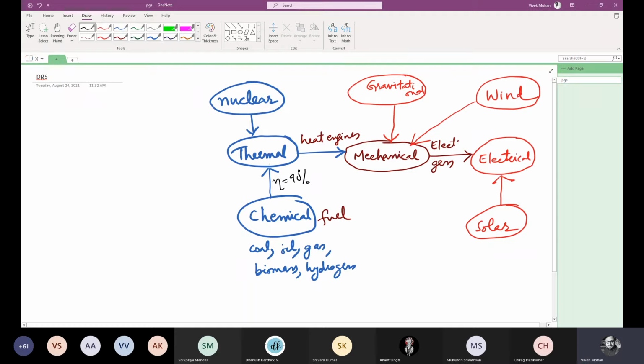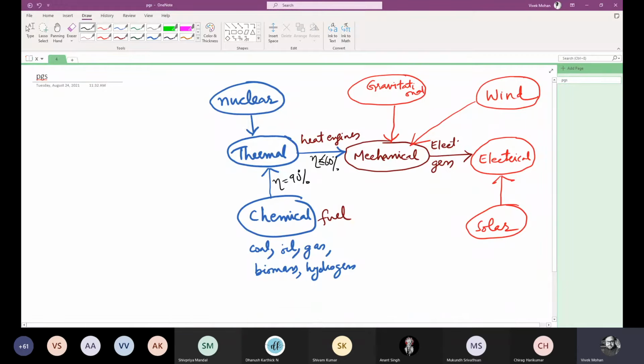This heating part, the chemical to heat part. Then through heat engines it is converted to mechanical energy. So again here another step is there. Here normally the efficiency can be less than or equal to 60%.